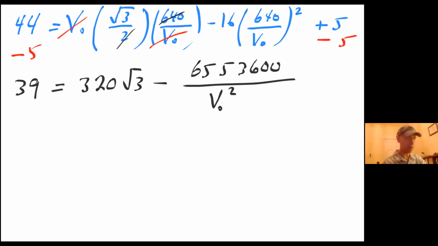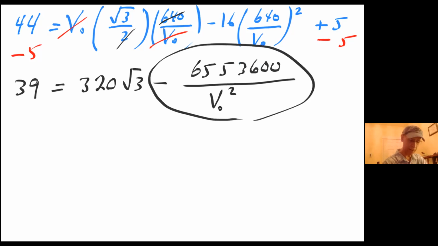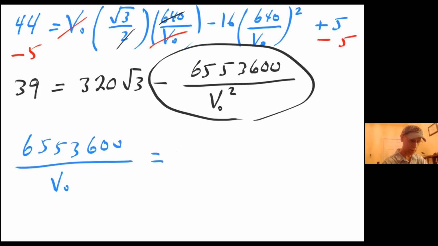Okay, so now I can go ahead and solve this. Rearranging, let me take this to the left-hand side, so I get 6553600 over v naught squared equals 320 root 3 minus 39.